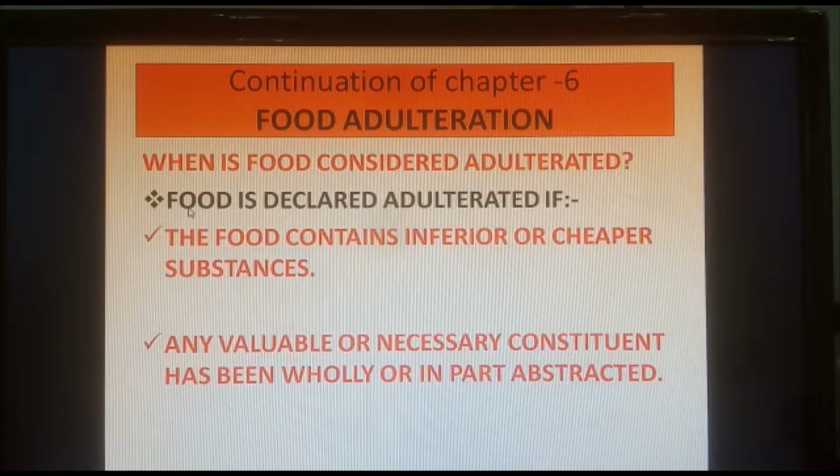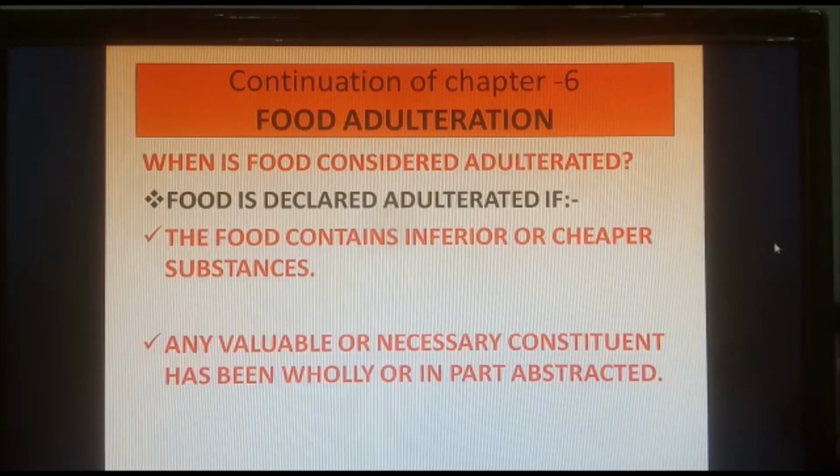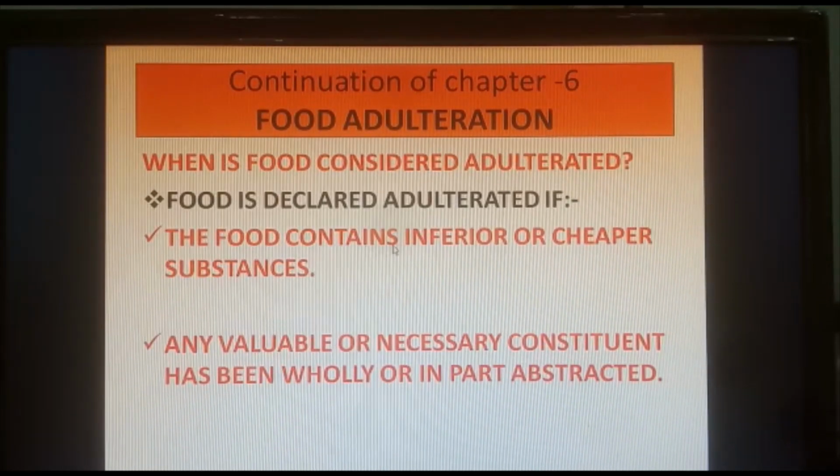So let's start. Food is declared adulterated if the food contains inferior or cheaper substances. Inferior means low in quality. So in case any food contains any kind of low quality substances or cheap substances.